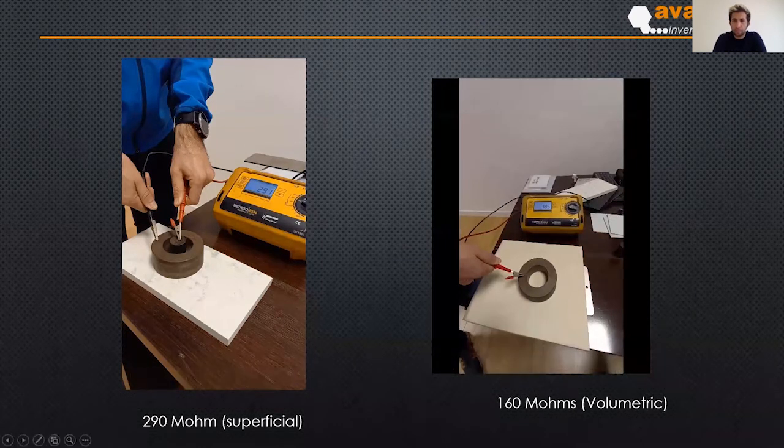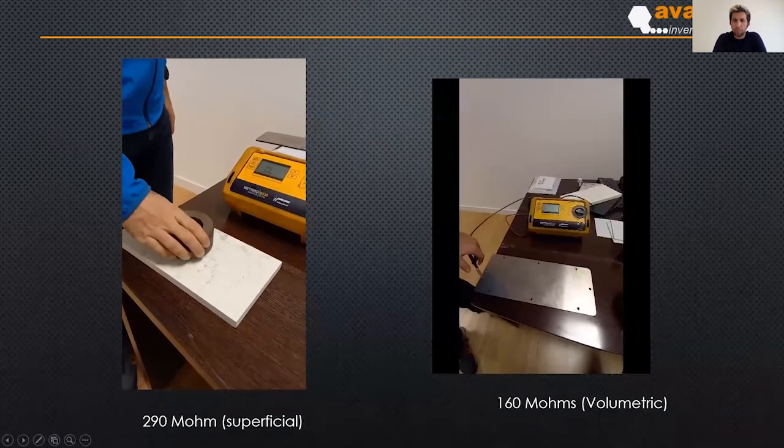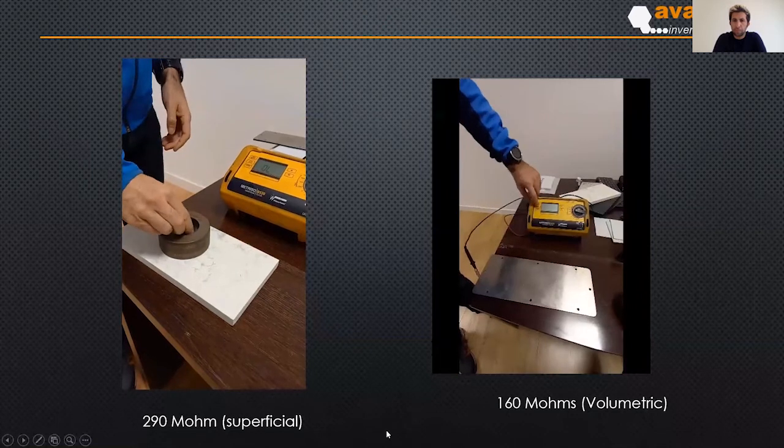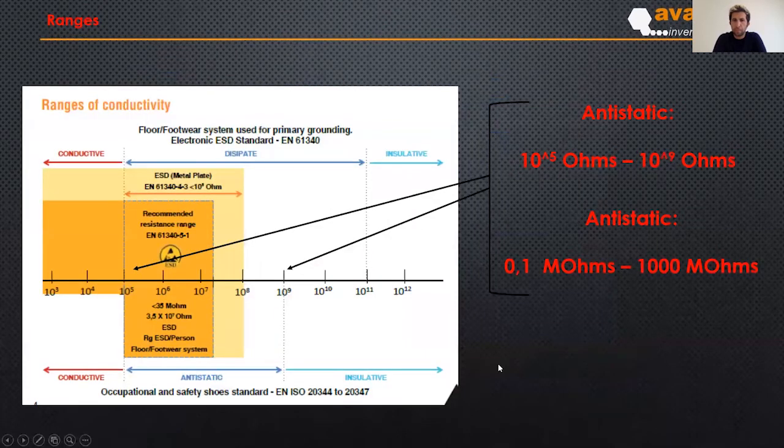in some applications, for example, in safety shoes, people talk directly about megaohms, not megaohms per centimeter or megaohms per meter. People talk about ohms in resistivity because, for example, we are analyzing a specimen, a boot.